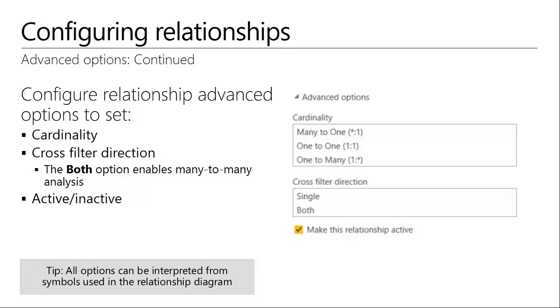Cardinality would allow you to support one-to-many or many-to-one, or now one-to-one relationships between tables. The cross-filter direction determines which direction the filter context flows. And by configuring it to both, you end up with some interesting arrangements whereby filtering the sales and filtering the date table can produce the desired results.